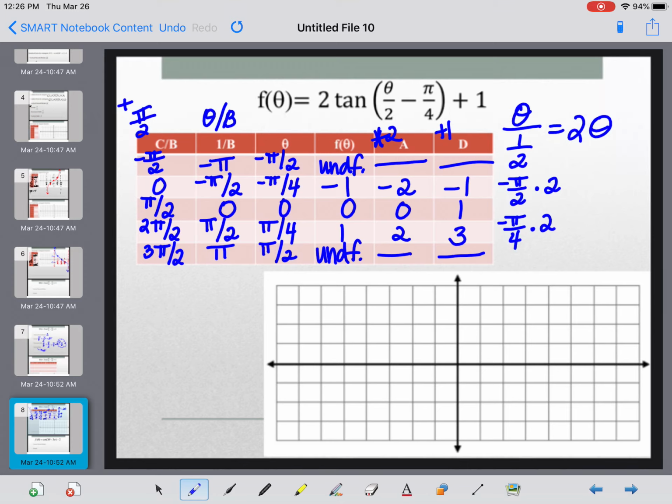Okay, and we can now set up our graph. So I think I have enough spaces here that I can count by 2s.